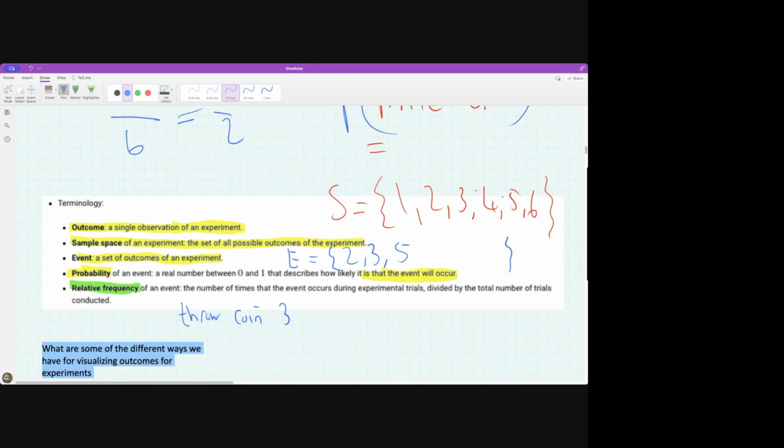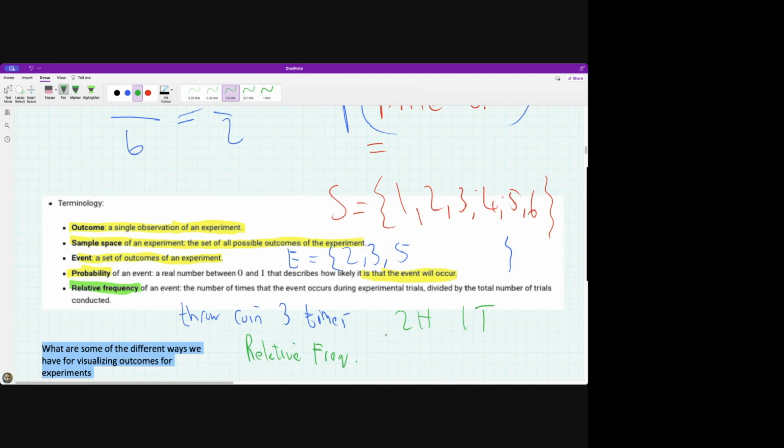Yeah. So let's say I throw a coin 3 times. What are the possibilities for that coin? Well, I could get heads and tails. But let's say in the real world, I get 2 heads and 1 tails. Then I say to you, what is the relative frequency of throwing heads?